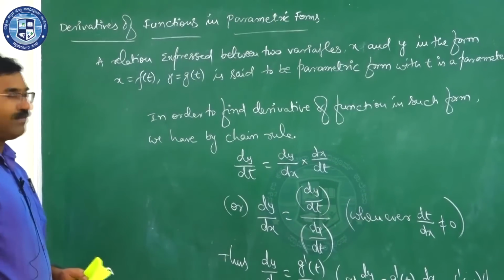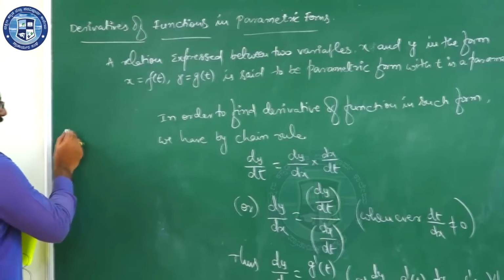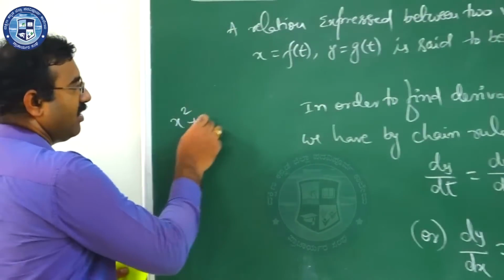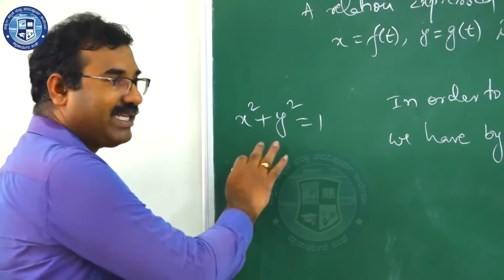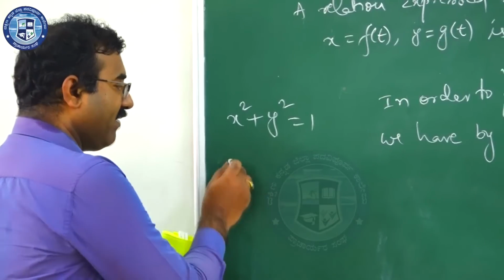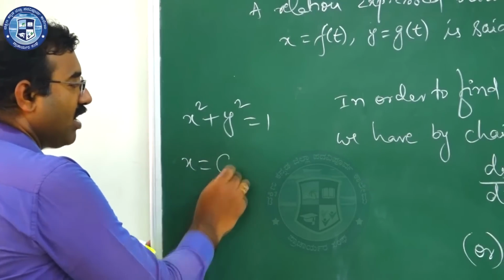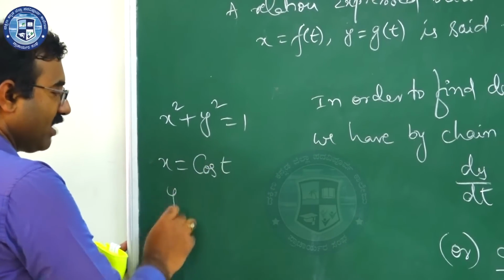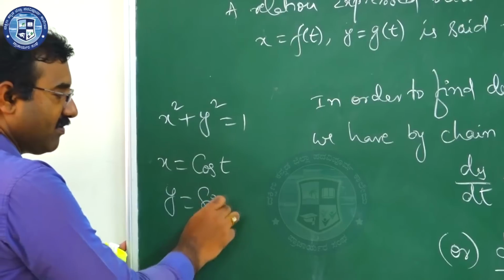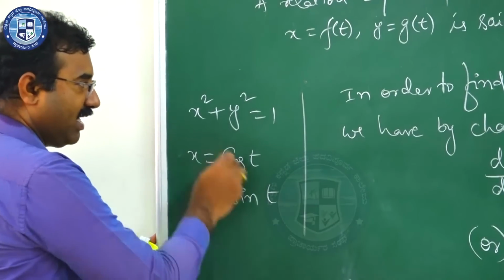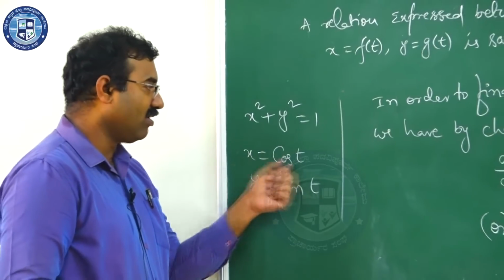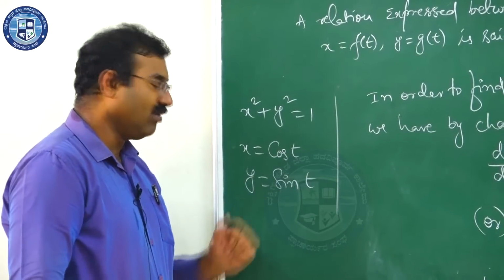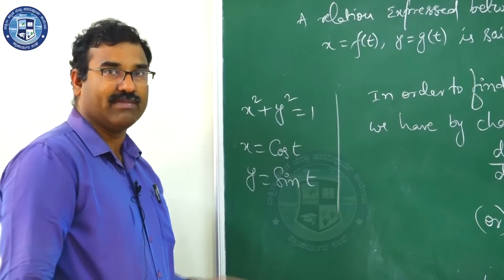Suppose, for example, I take x square plus y square is equal to 1. We have this relation, but we will express it in a different way: x is equal to cos t and y is equal to sin t. So we are expressing the relation between x and y by using another variable t.